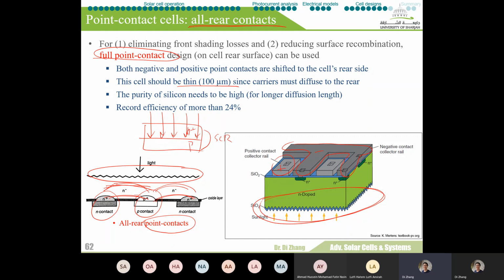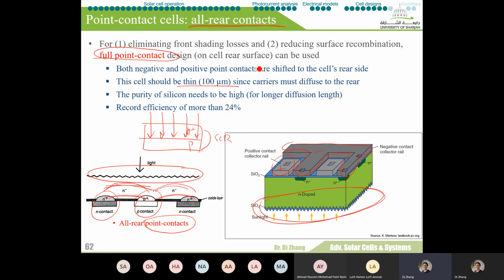The record efficiency for this design used to be more than 24%. So this is an excellent design, but at the same time, as we said, you have to sacrifice a lot of other performance, and the cost of this design is not very affordable, because you're talking about very complex manufacturing techniques.